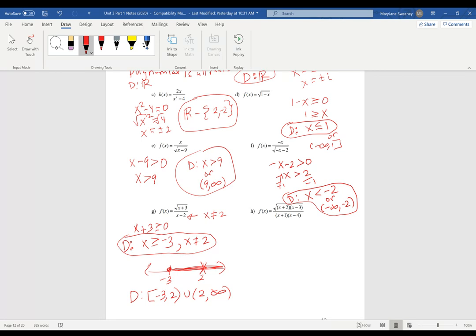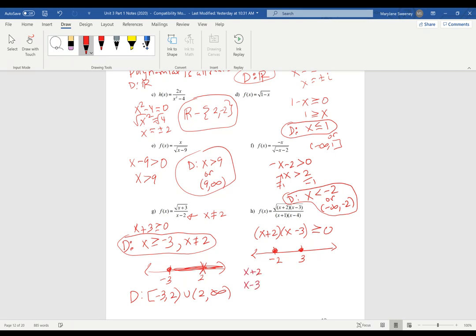For this next one, we take what's under the square root, set it greater than or equal to 0. Now, this is a good review from the last unit. When we have an inequality degree 2 or higher, we have to partition the number line. So if I multiply that through, it'd be an x squared. So that's degree 2 or higher.